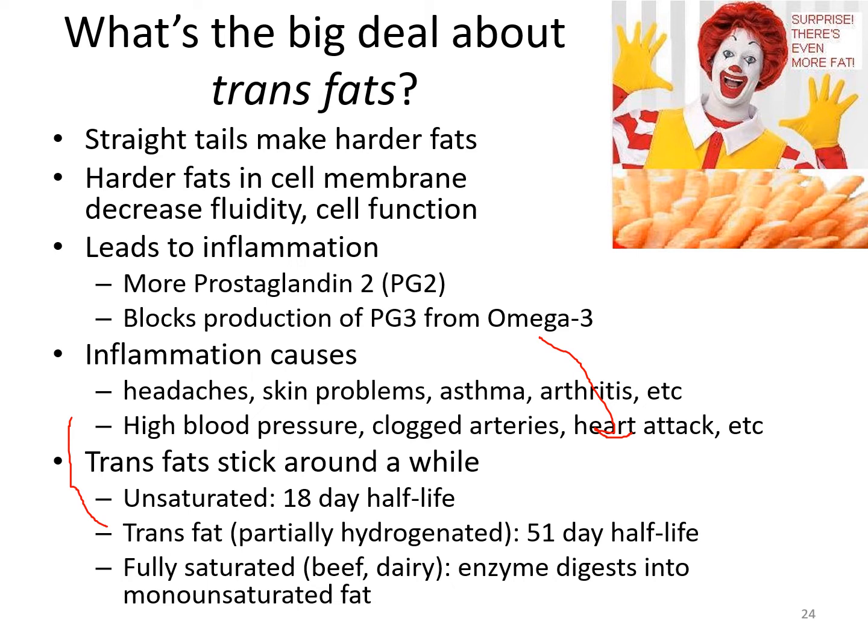On the other hand, trans fats have a 51-day half-life, which means that in about 2 months, half of the French fries that you eat today are still going to be sticking around in your body, doing all of these lovely things like increasing inflammation and headaches and artery clogging and chunky cells. All of these things are going to be still occurring within a couple months.